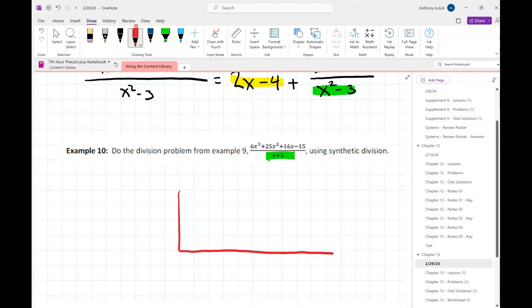So this is kind of the setup for our synthetic division problem. What number do I put on the outside here? I don't put x plus 3. I put the solution to x plus 3 equal to 0, which is minus 3. Very good.